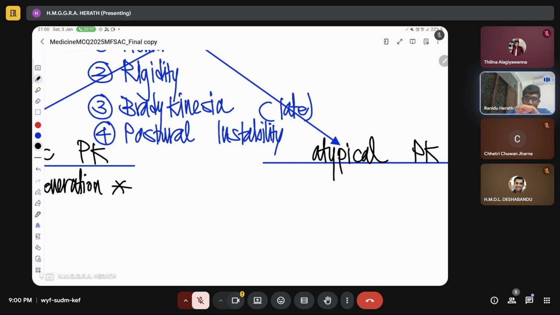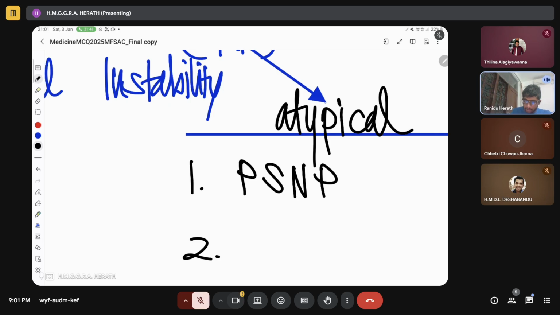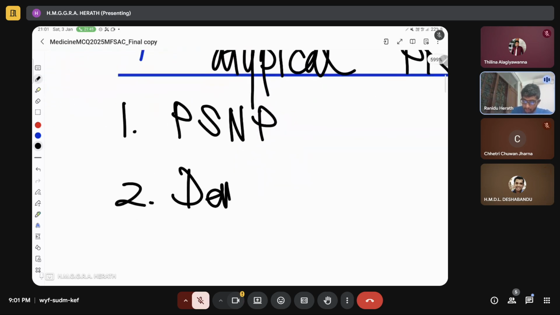Right. So atypical Parkinsonism has Parkinson's-like features, but they are not the classical features of normal Parkinson's disease. Understood? So the reasons for atypical Parkinsonism are: number one, progressive supranuclear palsy, right? And then there are also dementias that involve the dopaminergic pathway.